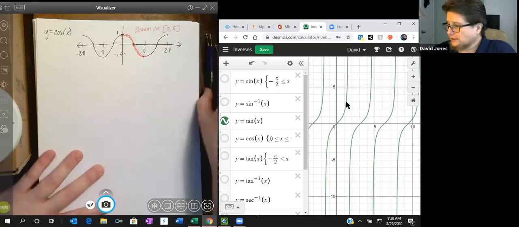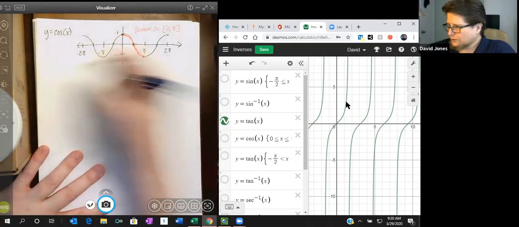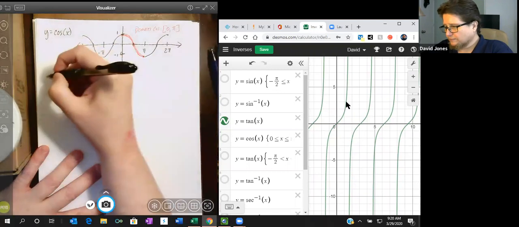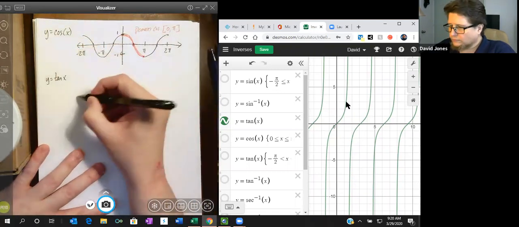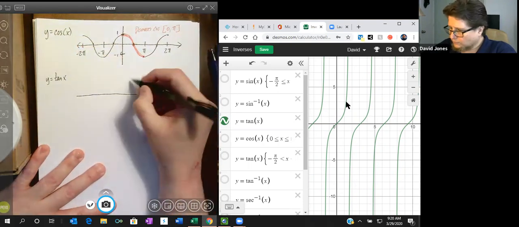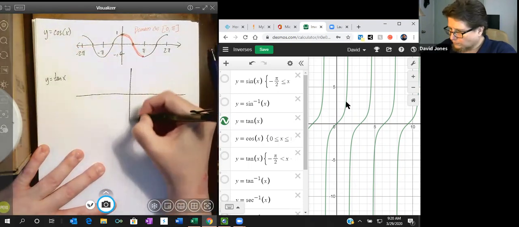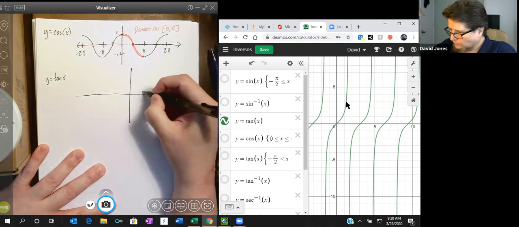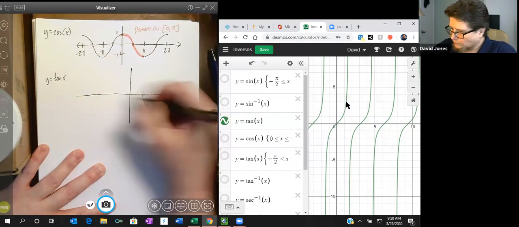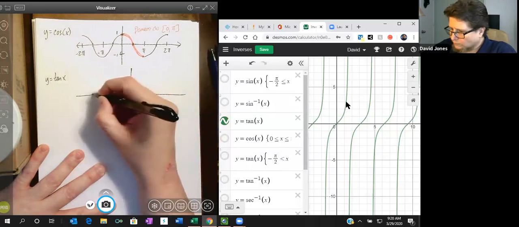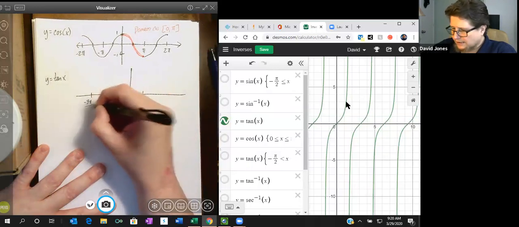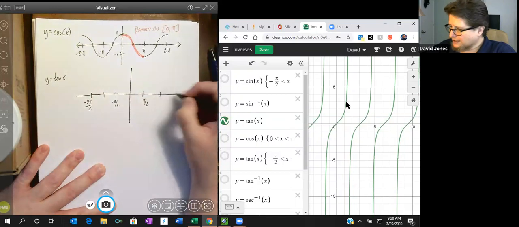So when we have y equals tangent x, just sketching some out for us.